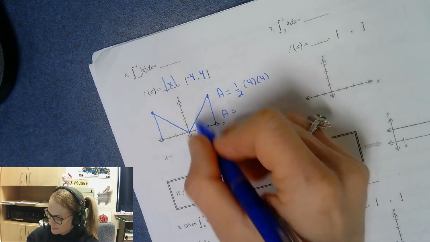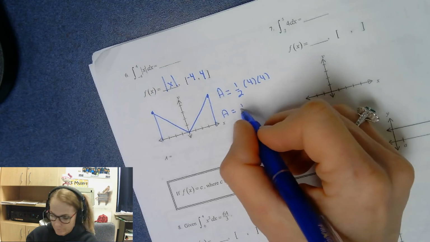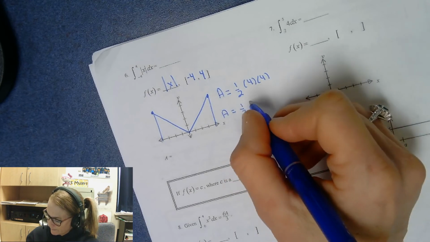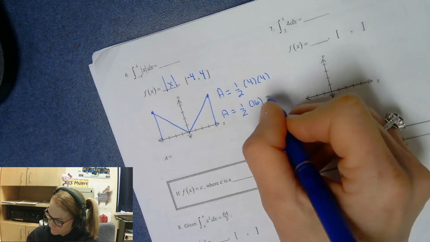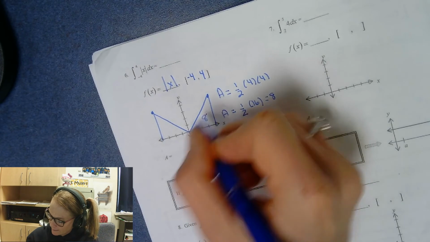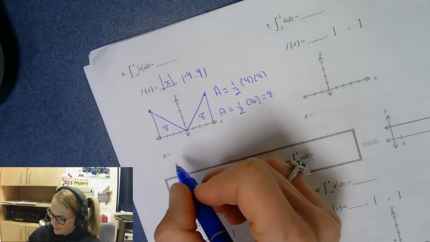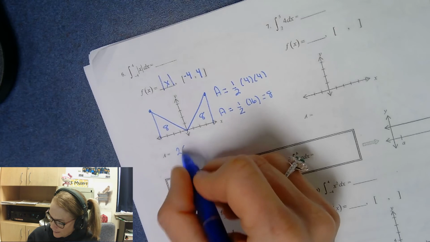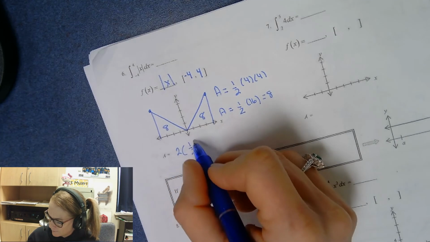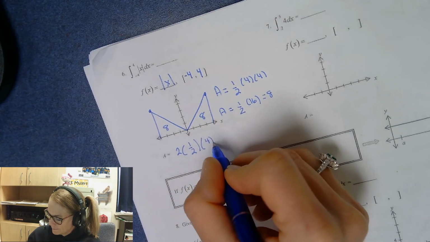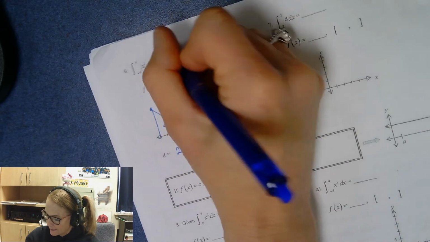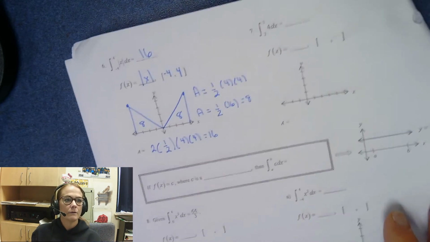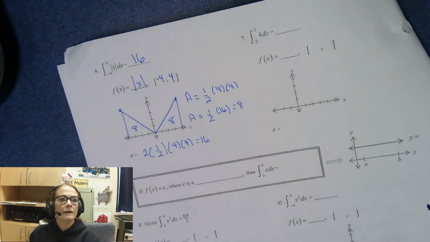So that's this over here. So there's 1/2 of 16, which is this 8. And we can just double that. That's 8. That's 8. This is an area of 2 at 1/2 base times height, 16. Okay, and that's the integral. The integral is a number. The integral is 16 there.